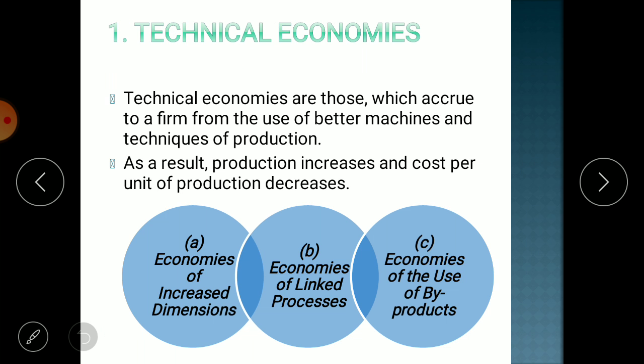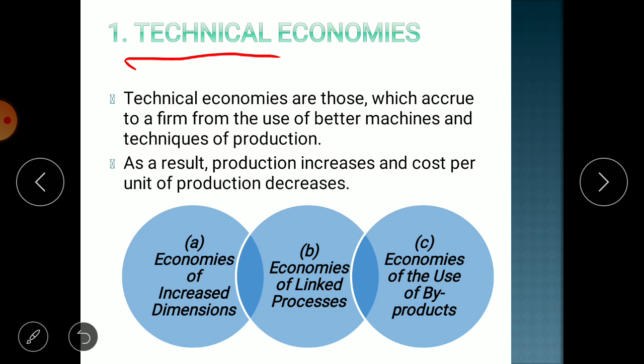The first one is technical economies. Technical economies are those which accrue to a firm from the use of better machines and techniques of production. The name itself suggests technical means related to technology, and technology in simple words we find with the machinery only.